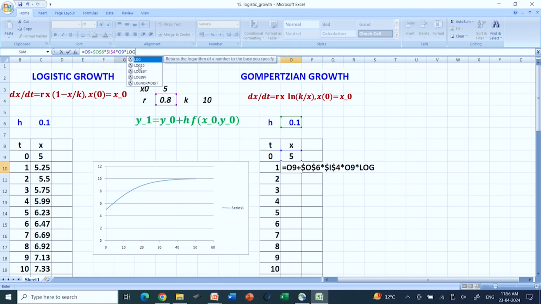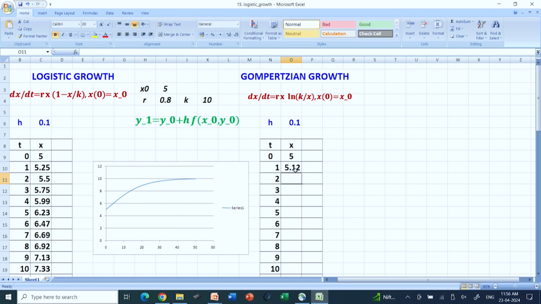So here it is log, here it is log 10. So you will use log, which is log to the base e, log of k, which is 10, and it is a constant, divided by x0. And I drag this.